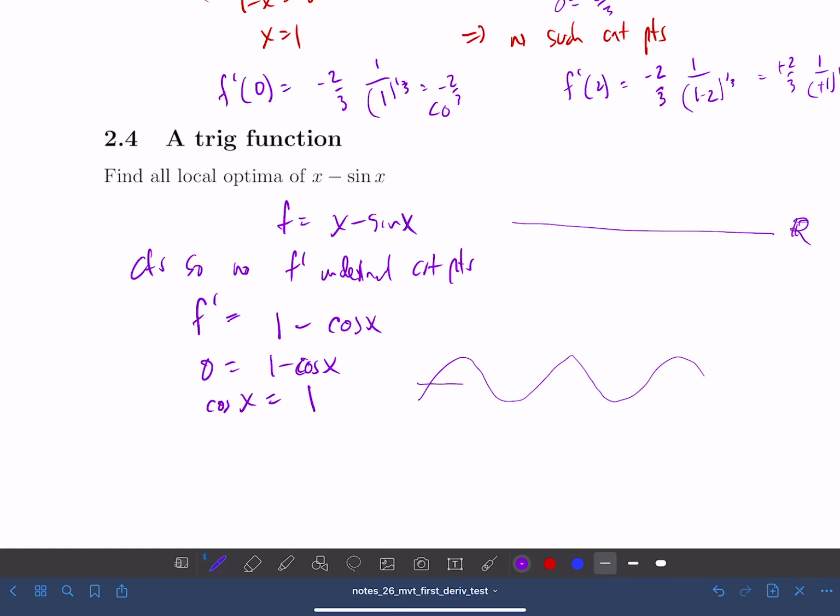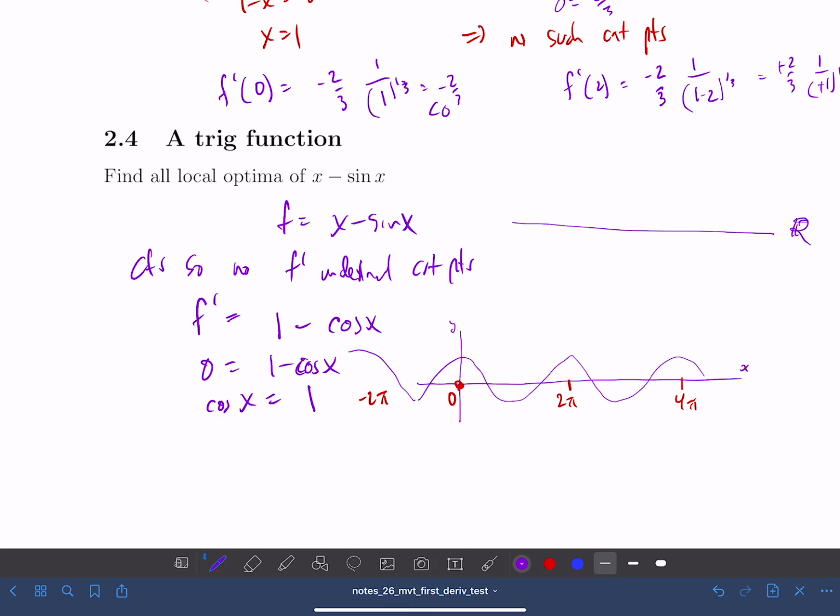Cosine looks like that. So it's 1 here at 0. It's 1 here at 2 pi. It's 1 over here at 4 pi. It's 1 over here at minus 2 pi.